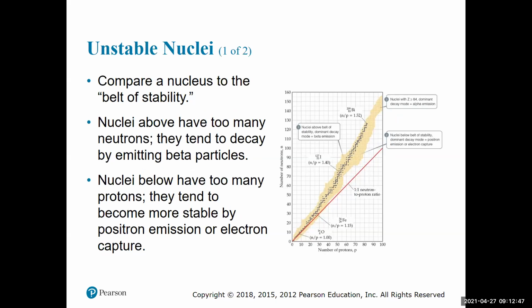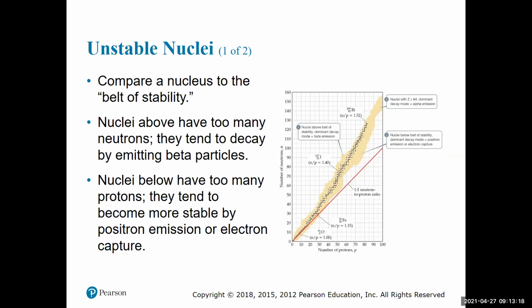Okay. So once again, if you're above this belt of stability, you have too many neutrons, and they decay, and you emit beta particles. If you're below it, you have too many protons, and they become more stable by doing positron emission or electron capture.